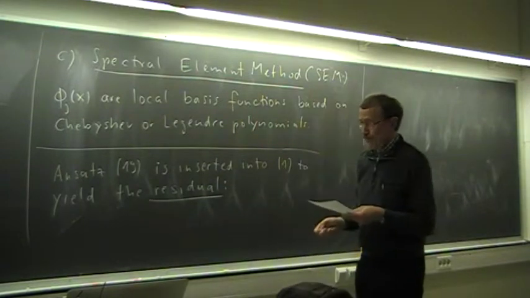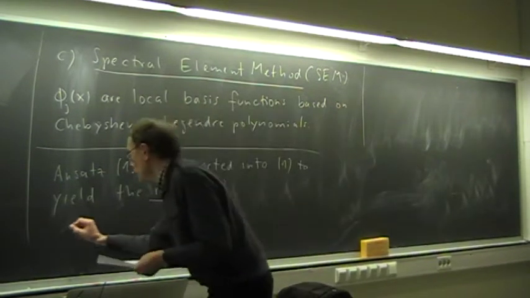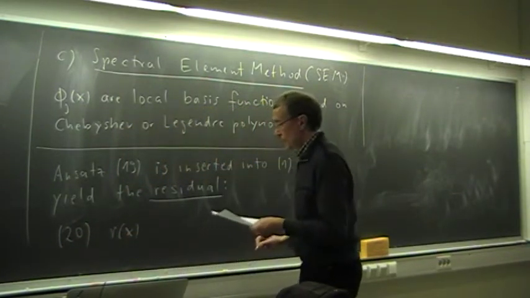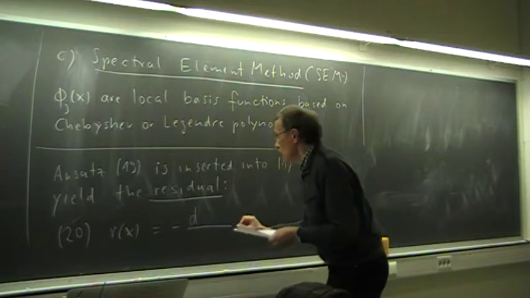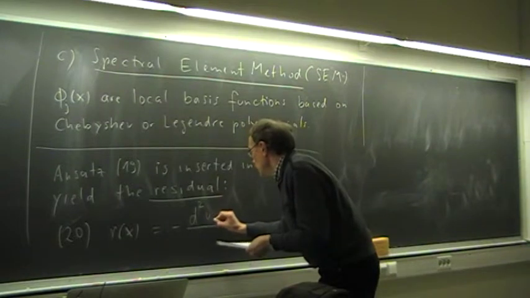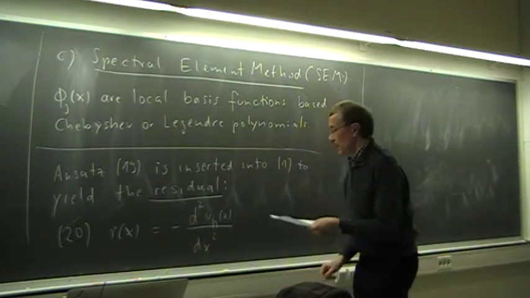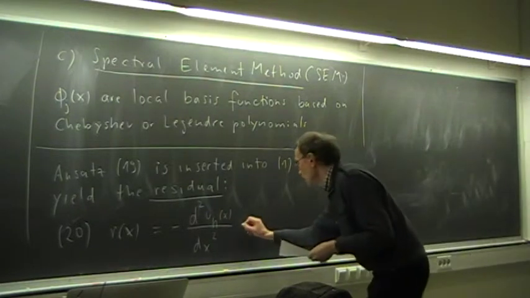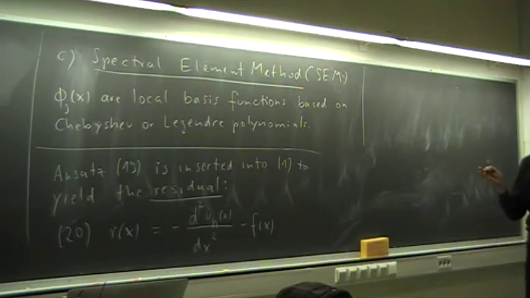Because we will usually not get the exact solution with that ansatz, but we will get something that is called the residual. It's the error, so to speak, what we get when we insert our numerical approximation uh of x into our problem. And on the right hand side we had the f of x, so we take that on the left hand side to see the difference. If that were 0, then we would have the exact solution.